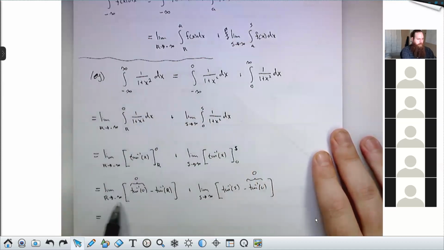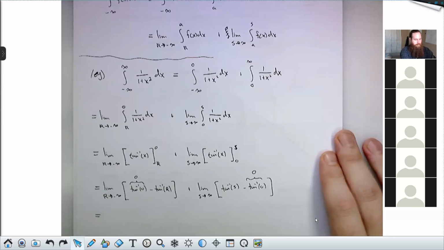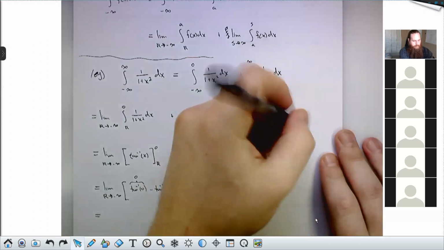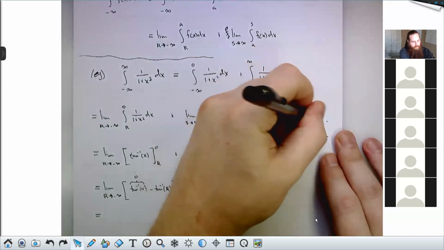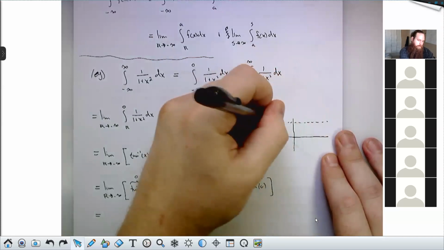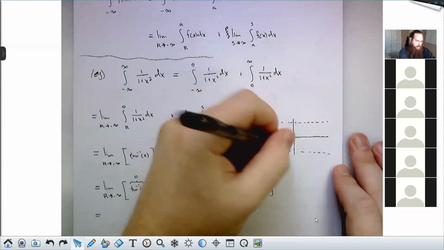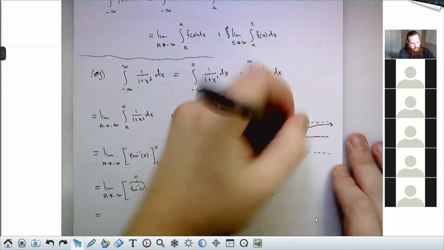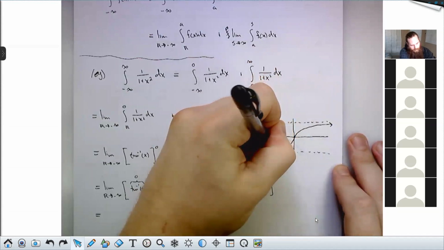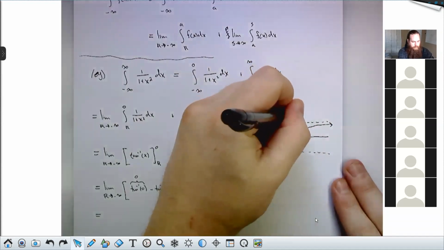What is the limit as r goes to negative infinity of the inverse tangent of r? Here's the graph of the inverse tangent function.